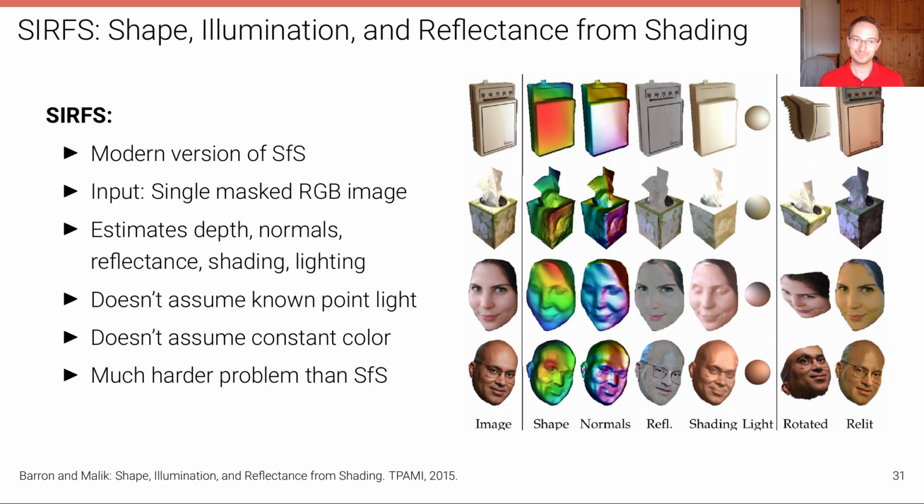More modern versions of shape-from-shading consider generalizations of the problem, trying to relax some of the assumptions that we have made.